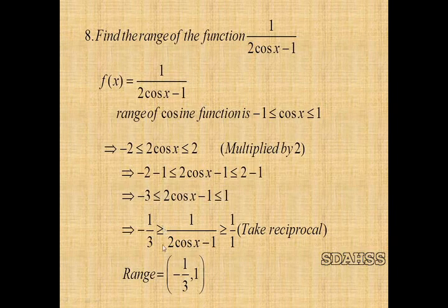Minus 3 becomes minus 1 by 3, so minus 1 by 3 is greater than or equal to 1 by 2 cos x minus 1, which is greater than or equal to 1 by 1. So the range is minus 1 by 3 comma 1.